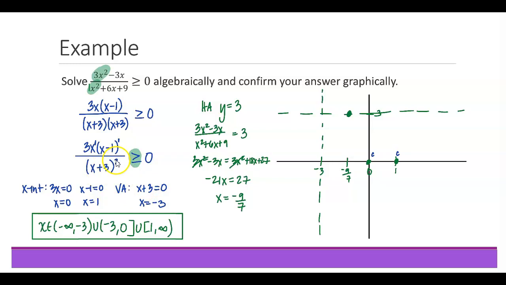So since that multiplicity is 2, I know that the behavior near the vertical asymptote is going to have to head towards the same infinity. So I'm going to start where I have the most amount of points. So I know I intersect at negative 9/7, and I'm going to go from that point and cut through 0. And I know that I'm going to have to cut through at 1.